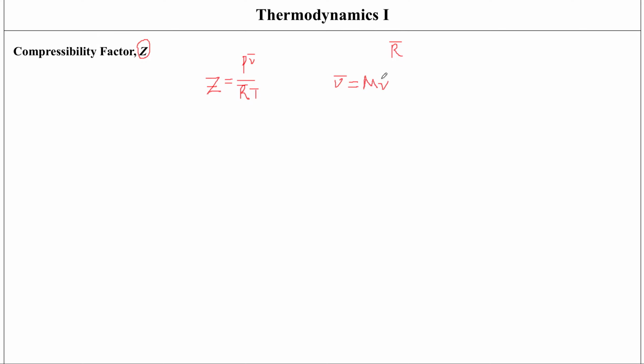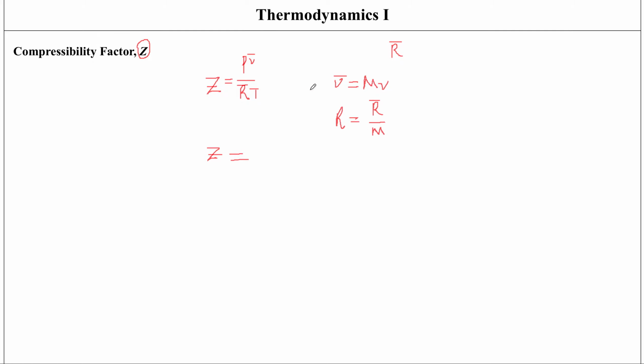And basically I could write Z in terms of, if I substitute this in here, and R dash, if I'm looking at a specific gas, then I could write the value for R. That is going to be equal to the universal gas constant divided by the molecular mass.